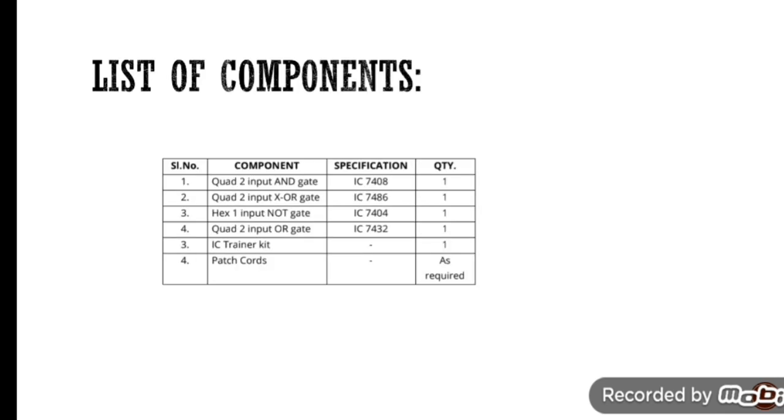Here is a list of components. Two input AND gate gives the specification number as 7408 and two input XOR gate the specification number is 7486 and one input NOT gate the specification number is 7404.